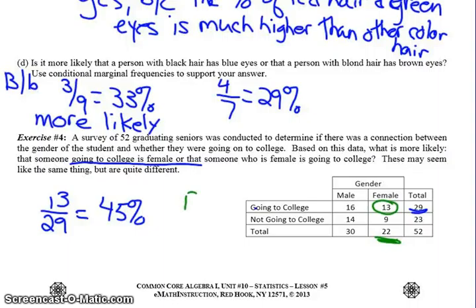So we're using the 13 both times, but we're comparing it to a different denominator. So this is 59%. So in this case, it is more likely that a female is going to college as opposed to someone who's going to college as a female. It all depends on which one you're comparing it to. So this one is most likely.